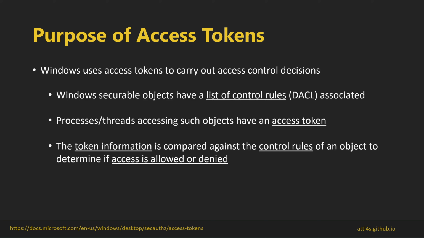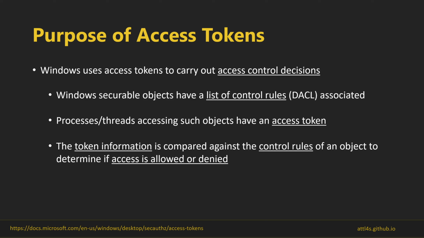On one hand, we have objects like files, folders, and stuff like that, which have a list of control rules called the DACL, the discretionary access control list. And on the other hand, we have processes and threads which try to access those objects. For example, we have a process that is trying to read a password.txt file.